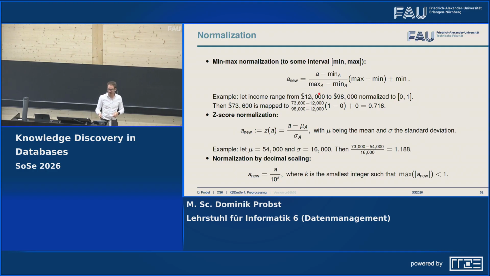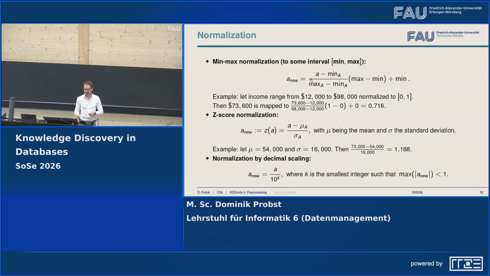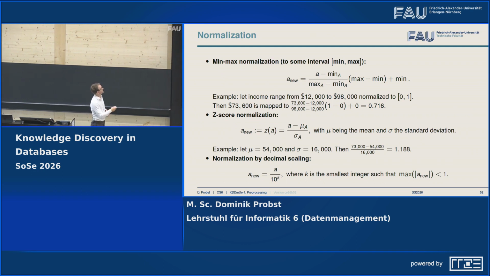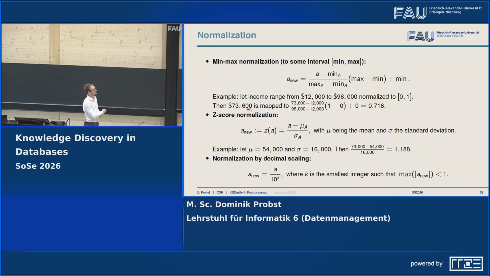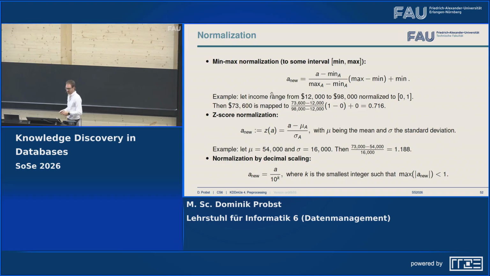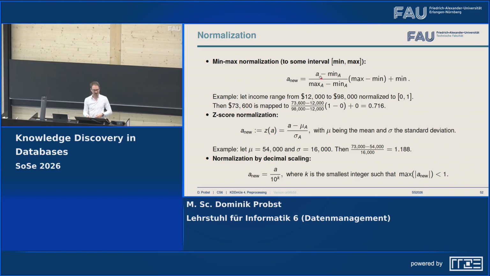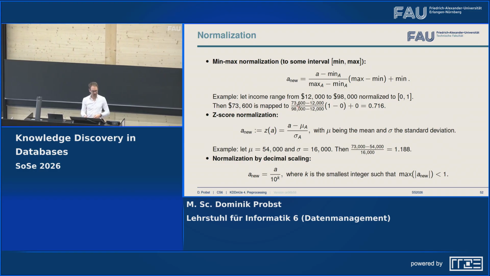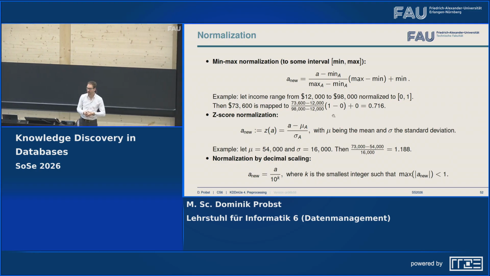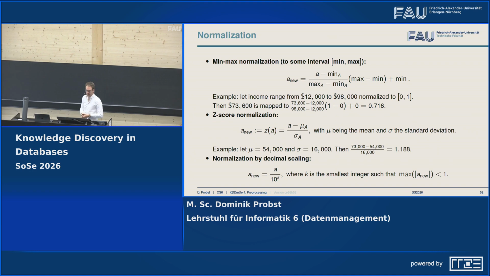And any middle value can be mapped using this formula. So if we are, for example, taking a look at $73,600, we put that into this formula: $73,600 minus the minimum, so $12,000, divided through the difference between the maximum and the minimum, multiply it with the interval range we want to apply, so 0 to 1, and add the minimum.